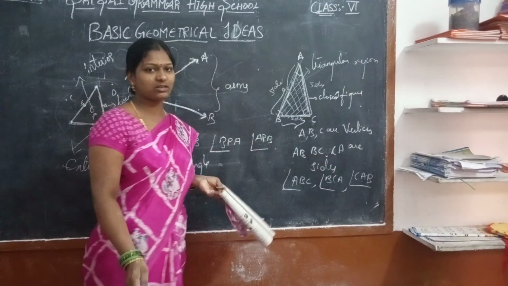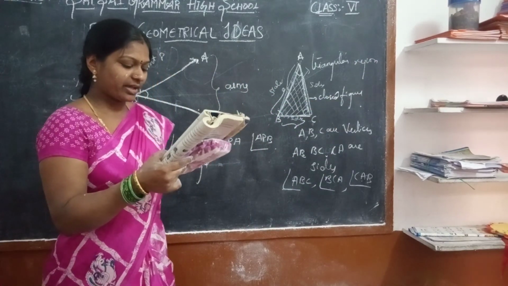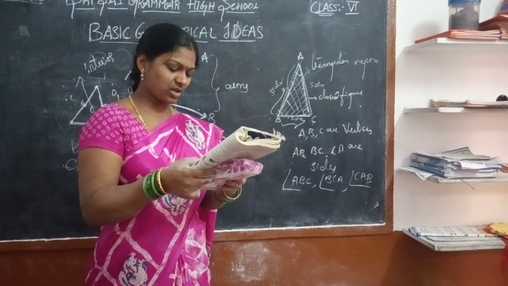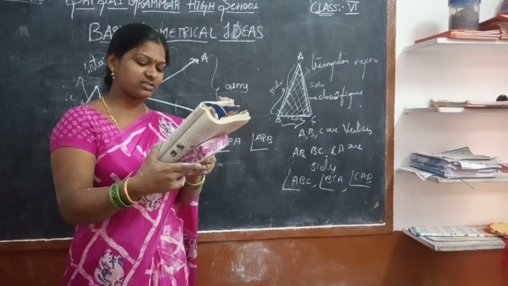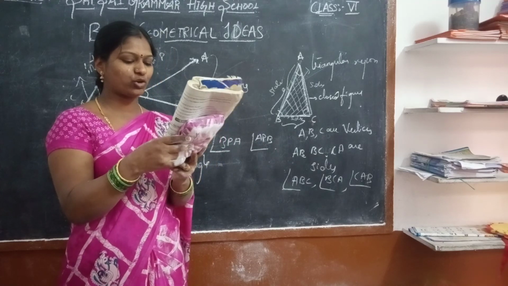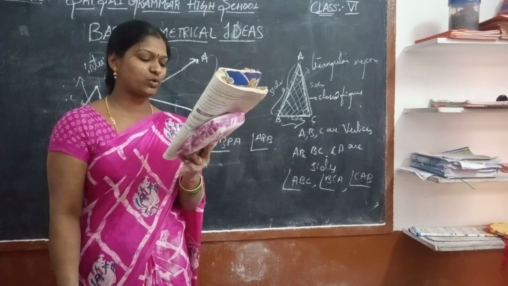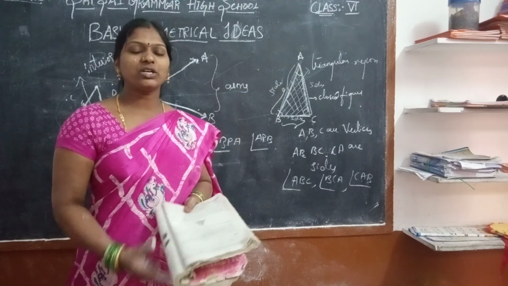Now, a quadrilateral is a simple closed figure bounded by 4 line segments. It has 4 vertices, 4 sides, 4 angles and 2 diagonals.